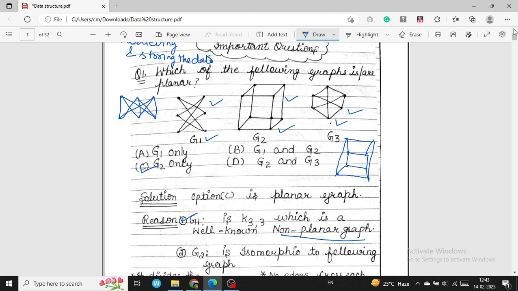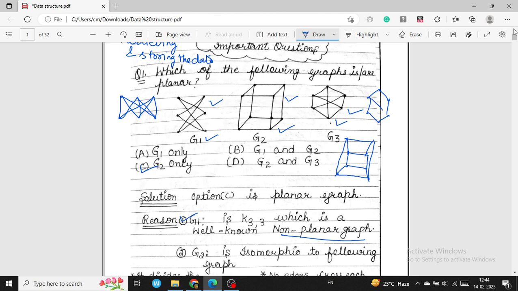In the third graph, try. You take all these points 1, 2, 3, 4, 5, 6. First draw lines from vertex to vertex.